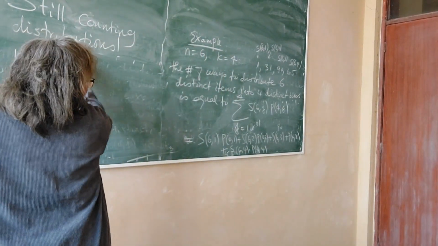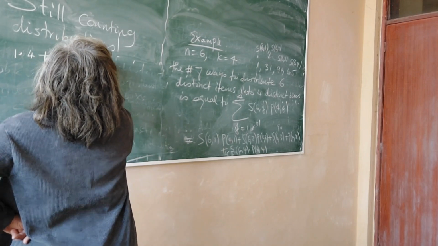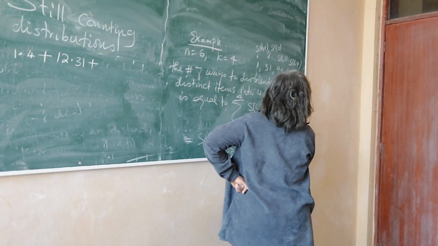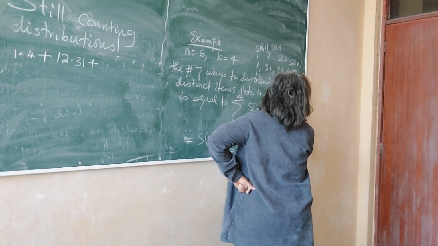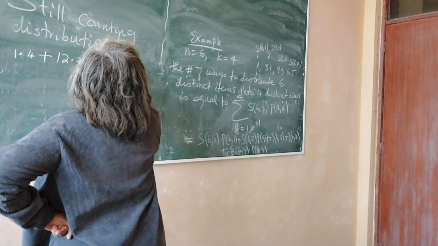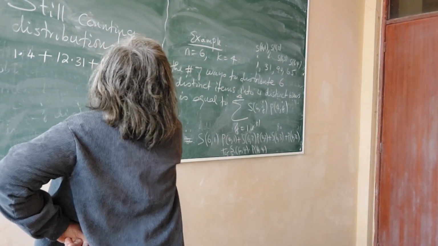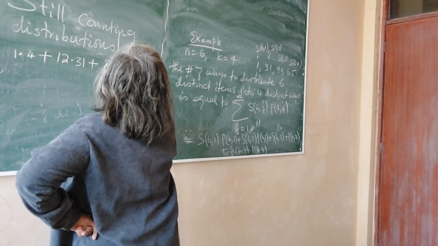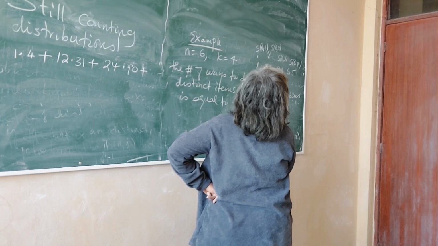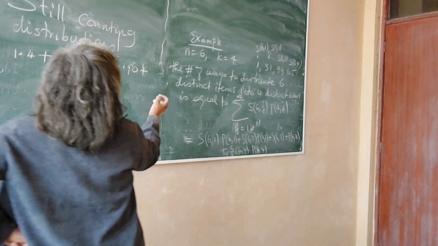Plus S(6,3), which is 90, times P(4,3), which is 4 factorial, so 24. Plus S(6,4), which is 65, times 24.